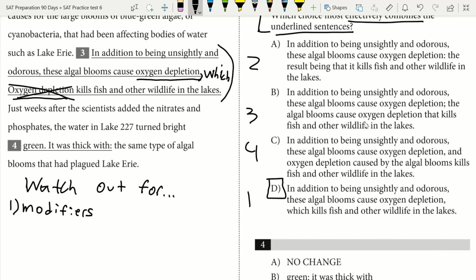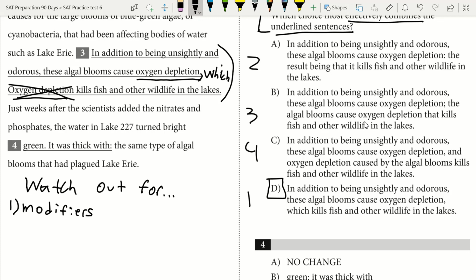Remember that with modifiers, you have to have your modifying phrase or clause followed by a comma, and then you have to have who or what it is modifying directly after. So you want to watch out for something where you have a modifier and then you don't have what it's modifying directly after that comma, after that introductory modifier.